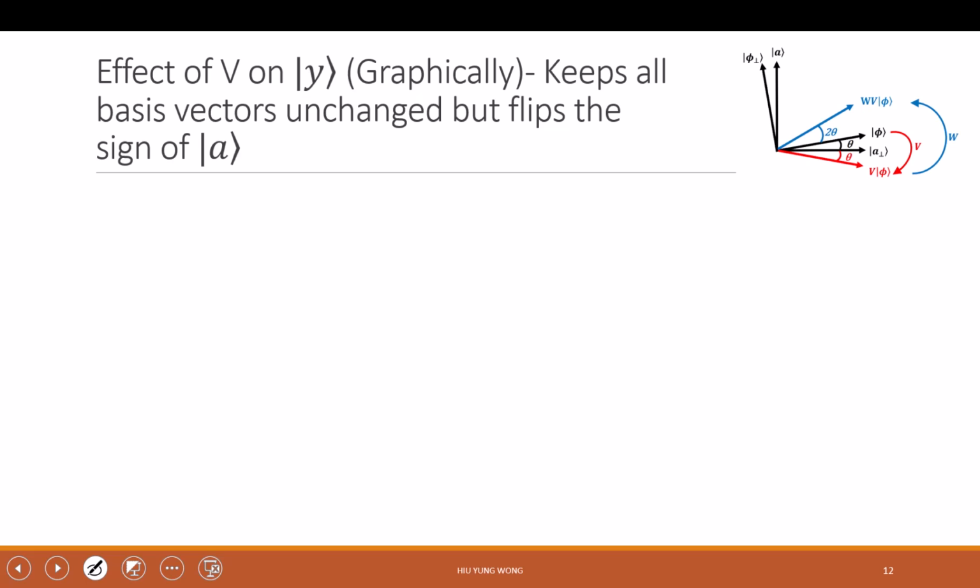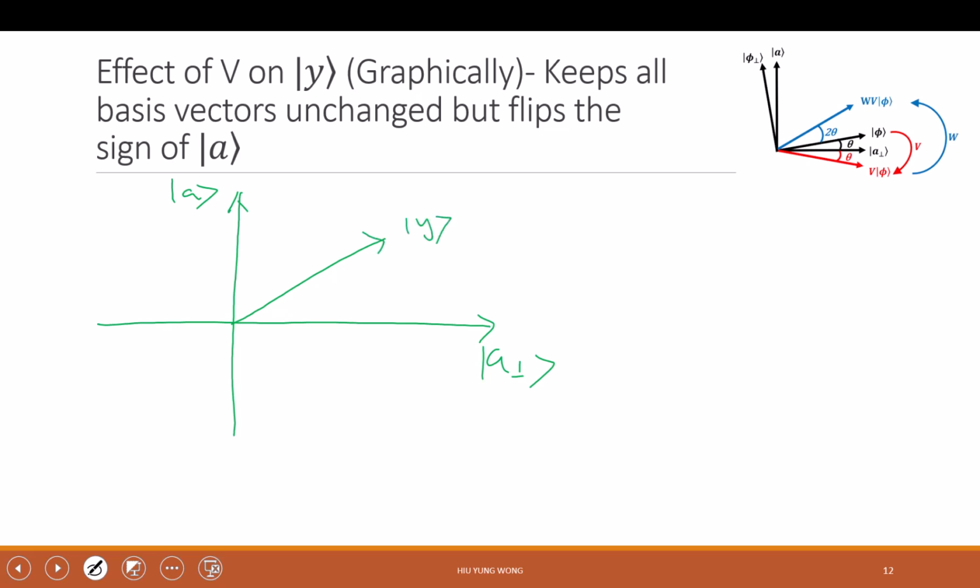So then, let's take a look again at what it does. I just want to remind you. For V, we have A perpendicular here, A here. So I have a vector which is Y. And if this is alpha, this is the angle, it's going to flip about this one, right?